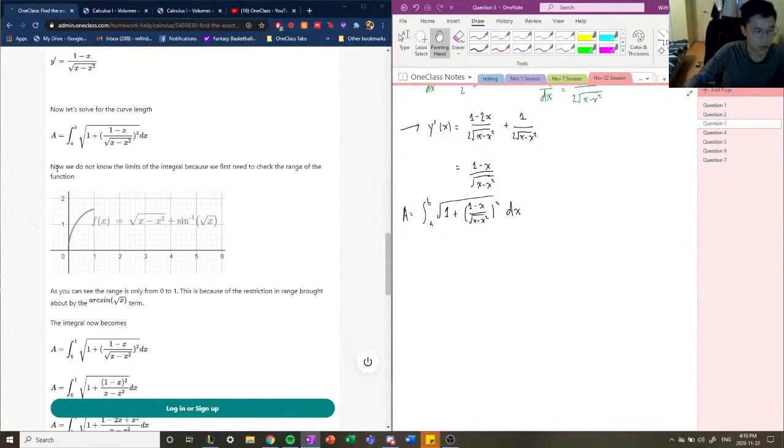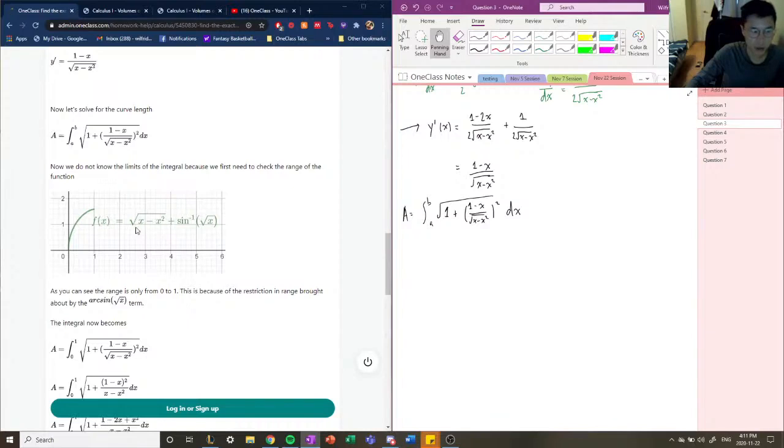So we can see that this function is expressed by the addition of 2 square roots. So we have the square root of x minus x squared, and then we also have the arcsine of root x, okay? So we know for a fact that for square root functions, what's inside cannot be negative, right?